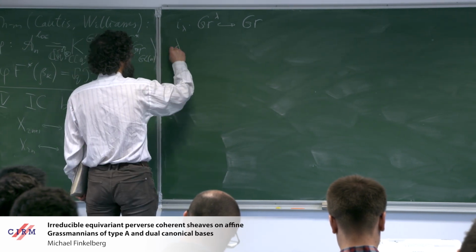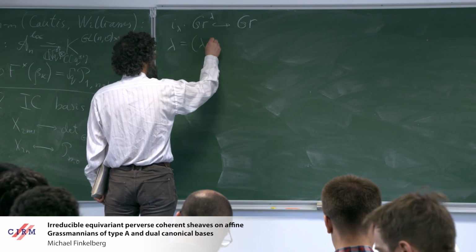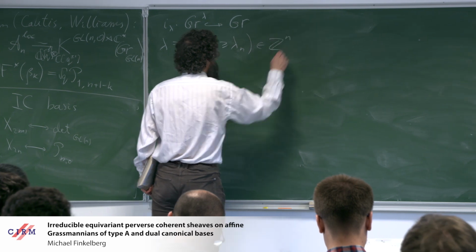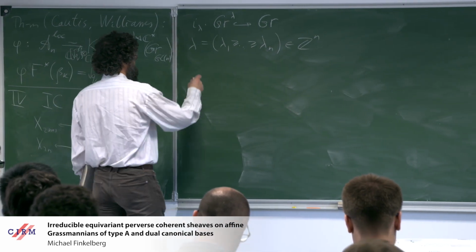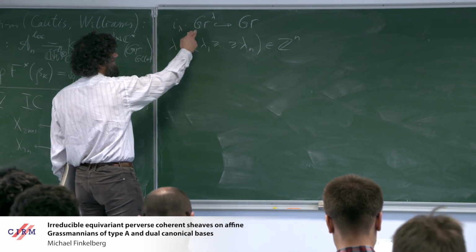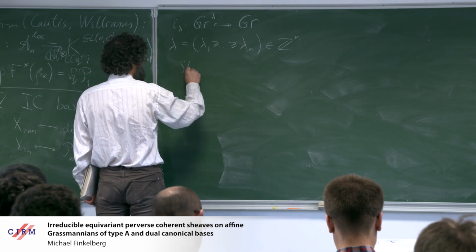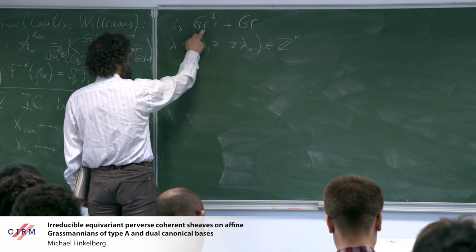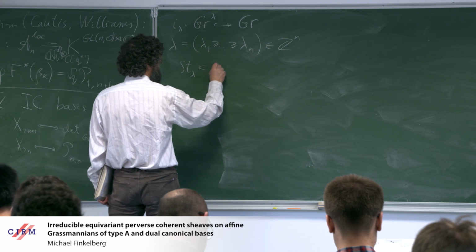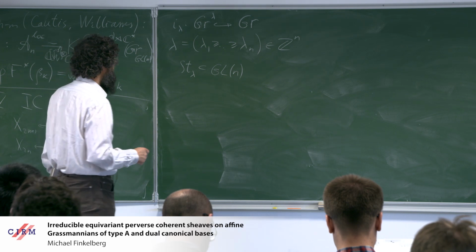Okay, so here lambda is a dominant co-weight of GLN, so it's a signature. And it also corresponds to some torus fixed point in this orbit, and then we have the stabilizer of this torus fixed point. Maybe it's enough to have it just inside GLN, or maybe GLN-O is also good.